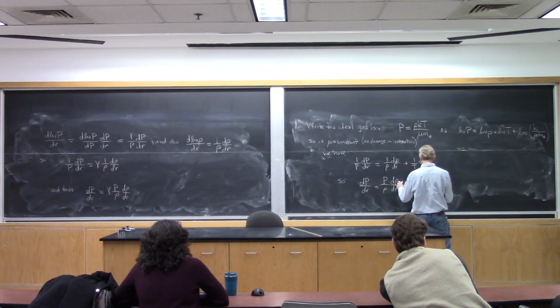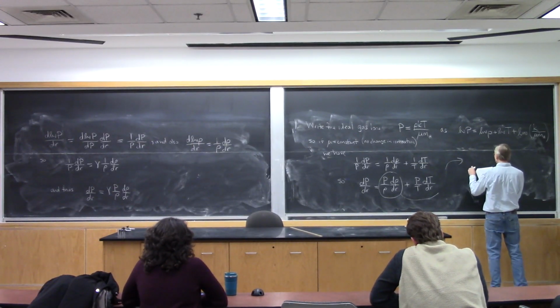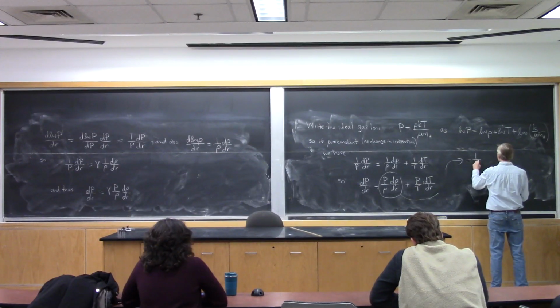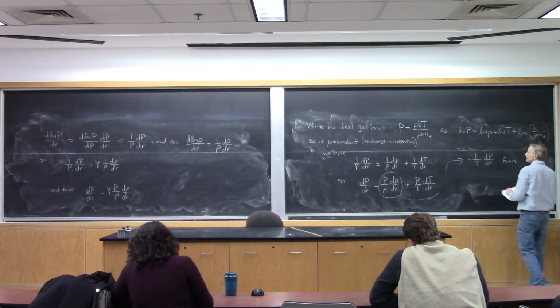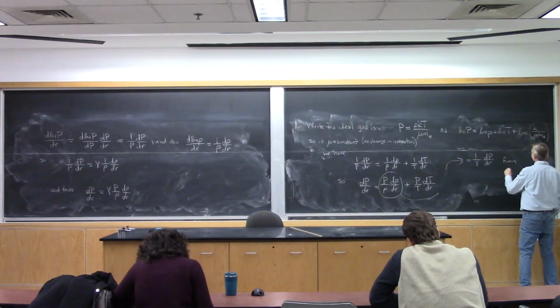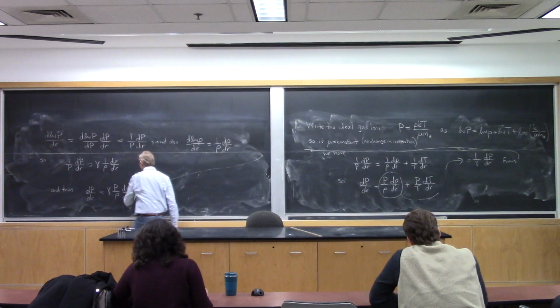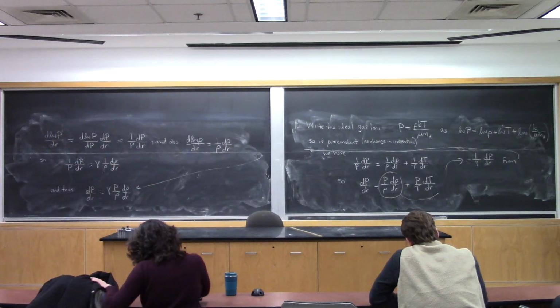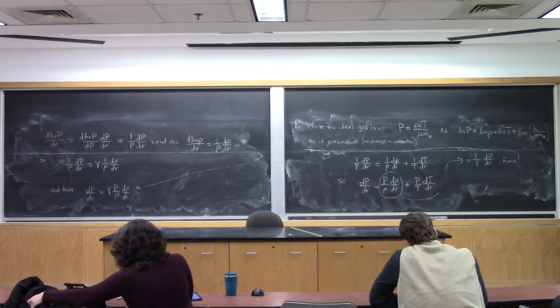Look at this one right here. The P over rho dr term is equal to 1 over gamma times dP/dr, from that earlier equation we had, right? Because if I take 1 over gamma times dP/dr, I get P over rho d rho/dr.